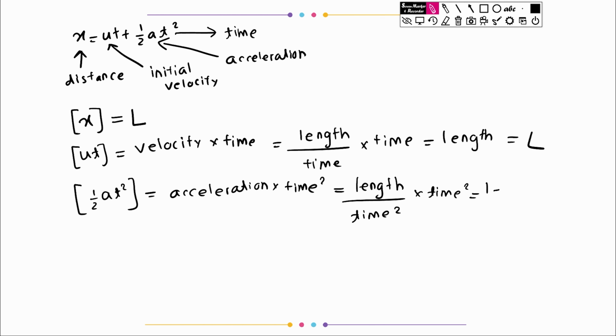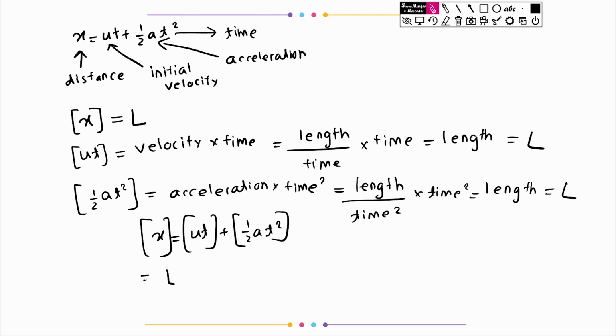So again, what remains is the length, that is L. So we can see that dimensionally, it is nothing but L is equal to L plus L. So the equation is correct as far as the dimensionality is concerned.